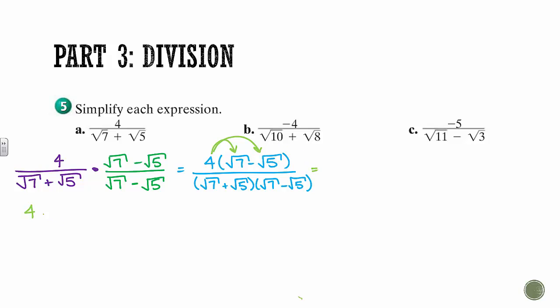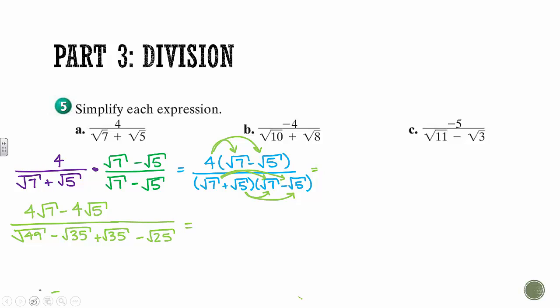So we get 4 root 7 minus 4 root 5. And on the bottom, square root of 7 times square root of 7, square root of 49. Square root of 7 times negative square root of 5 is negative square root of 35. And then if we distribute these, we get positive square root of 35. And these, we get negative square root of 25.